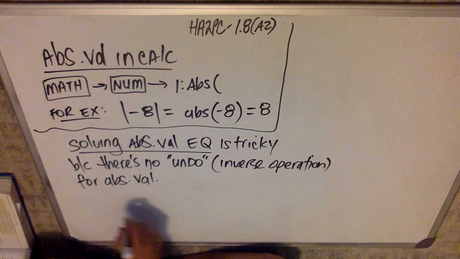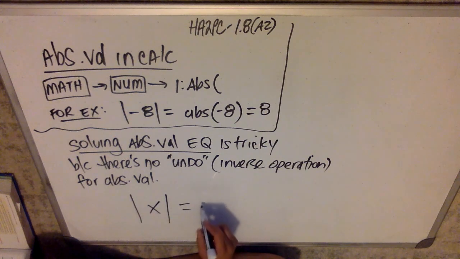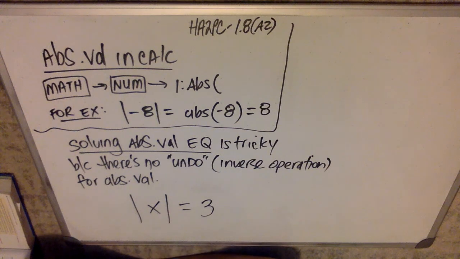Let's say that I tell you that the absolute value of x equals 3, and I want you to give me the solutions to this. The problem is that there's no way to undo this absolute value. It's like a locked box. So what I want you to do instead is think in your brain, hey, pretend that this wasn't here. Let's say you can't see the x. What number is under my hand?